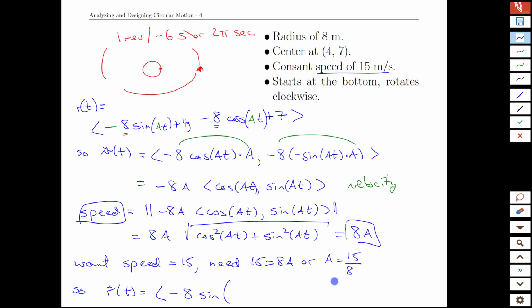That sine function is not just t, but 15 over 8 t to get the right velocity, and then a plus 4 to define the center of the circle in the x direction. It centers at x equals 4. And then almost identically, cos of 15 over 8 t for the y component, and then always shift it up by 7 to move the center of the circle up to 7.